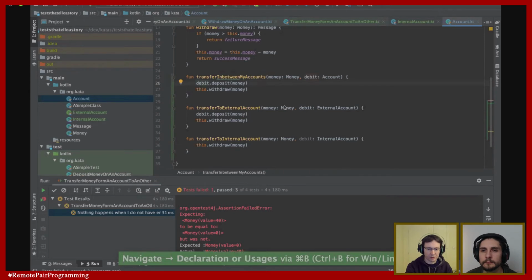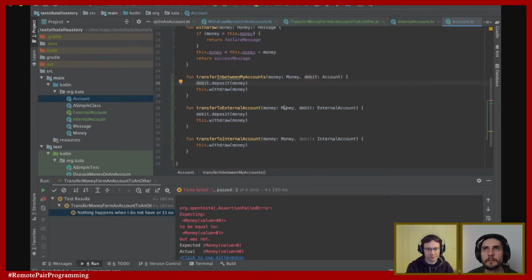Do you have a suggestion on how to make it pass? I need to check. The simplest way would be to have a conditional: if the money I want to transfer is more than the money I have, then I would just respond with an error message. Okay. This is one way. I have another way, and I don't know which one is better.